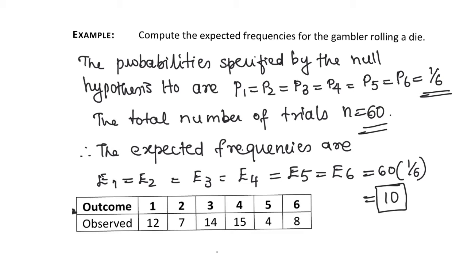For each outcome, the observed frequency of 1 is 12, the observed frequency of 2 is 7, and so on. That is the number of times each number comes up. The expected frequency is the mean count if the null hypothesis is true.